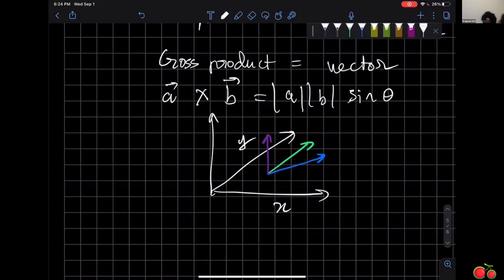So this vector, the blue vector, lies in the xy plane. The green vector also lies in the xy plane, but this vector here, which is my a cross b, actually lies in the z direction.